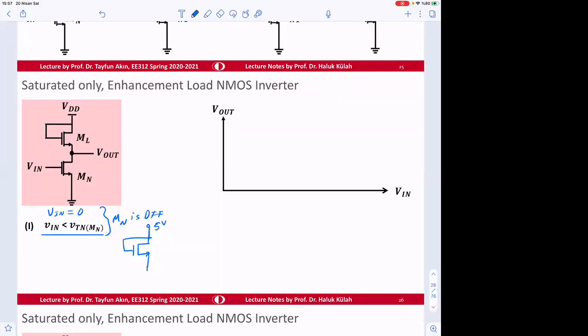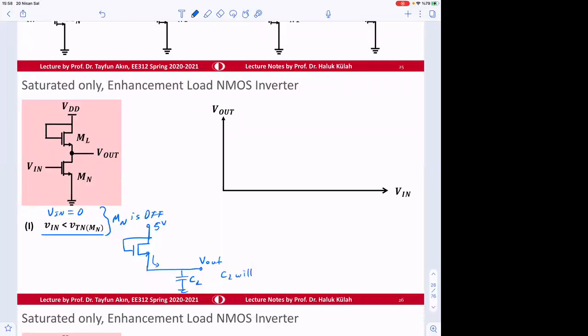In order to determine the output, let's say this is V out, I'm going to put here a load capacitor CL, which is going to be charged until the current becomes 0.